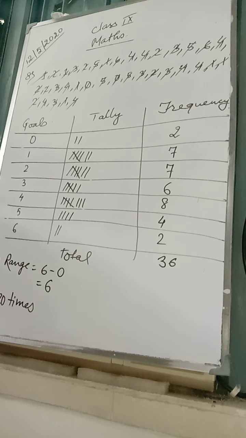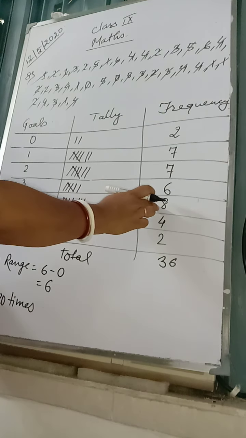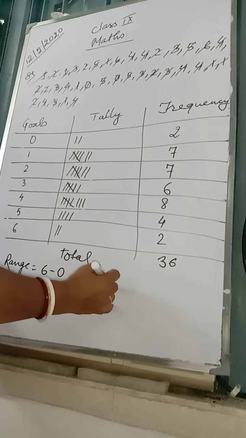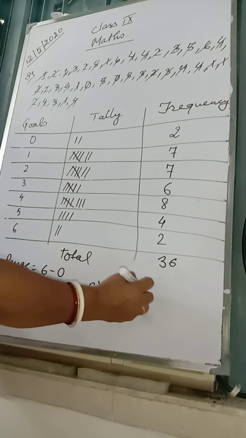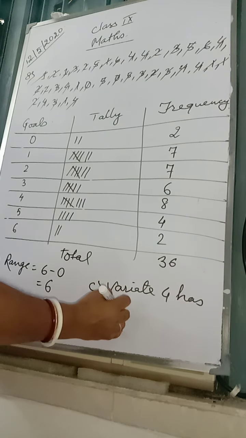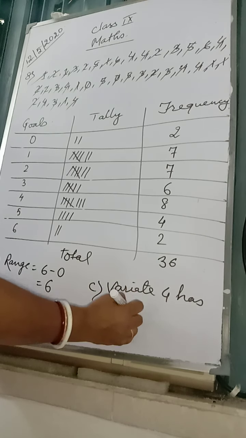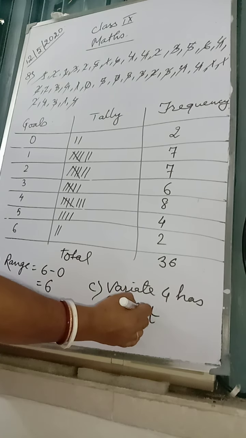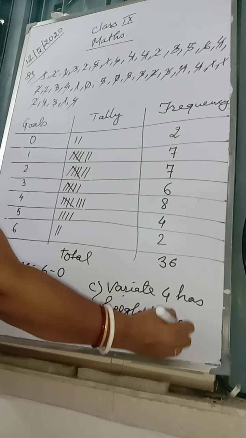Which variate has the highest frequency? Now you see, 8 is the highest frequency. So variate 4 has the highest frequency.